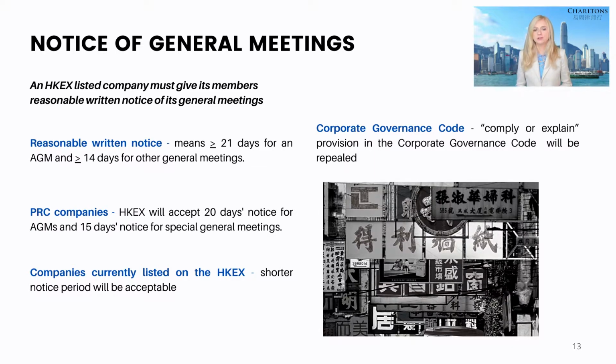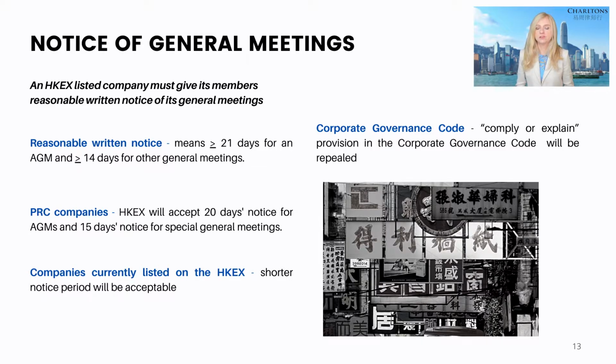Currently, there are different notice requirements for general meetings depending on where a company is incorporated. Companies incorporated in an acceptable jurisdiction are required to give reasonable notice of general meetings, but there is no specific time limit. This is also true for grandfathered Greater China issuers and non-Greater China issuers.